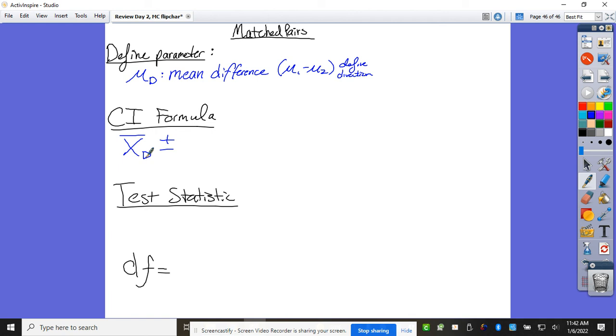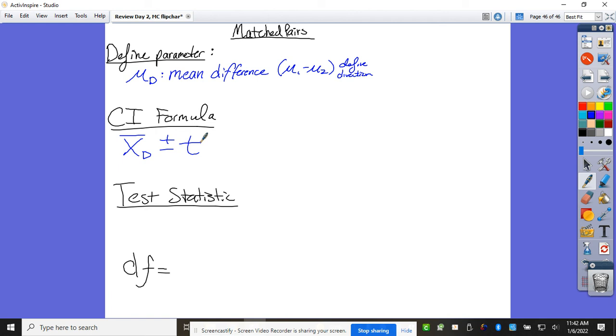We only use z if we know the what? Sigma. Would I know sigma of a difference when I was never given differences? And some of my answer keys, if anybody looks, have stars to try to find z's and t's. I don't care if you do stars or not.